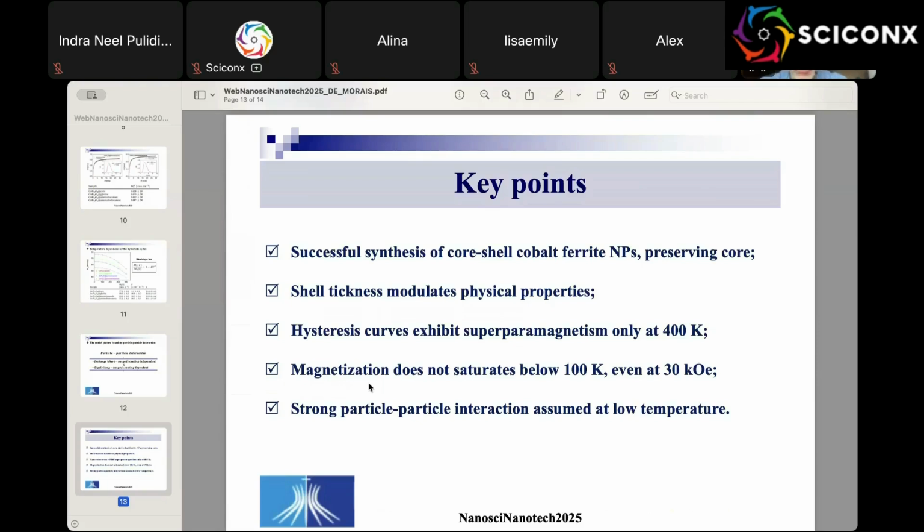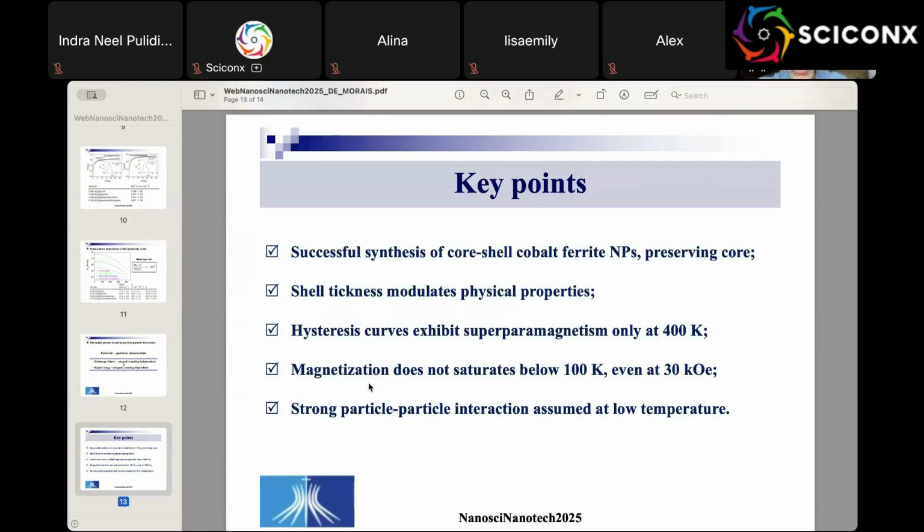The third aspect is that the hysteresis curves of all the samples I presented to you today exhibit superparamagnetism only at 400K. Of course, we observe the magnetism of this collection of samples at lower temperatures, as I showed you in the saturation magnetization versus temperature plot.